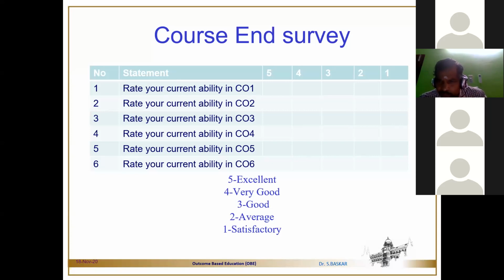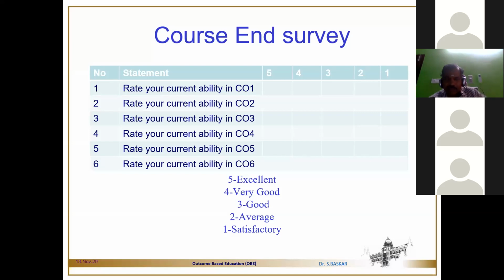Please reflect your answer. If you fix expected opinion as 4, what will be the course outcome attainment? Then only 3 students satisfy your opinion. Therefore, 3 by 5 will be 60% only.